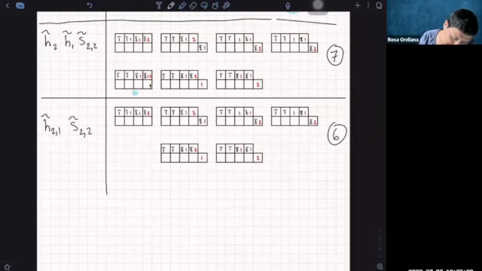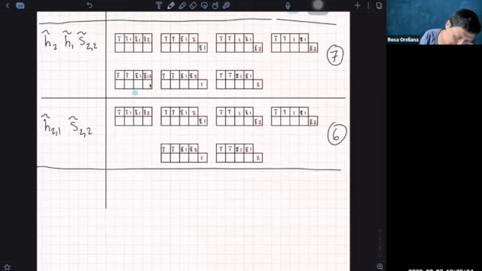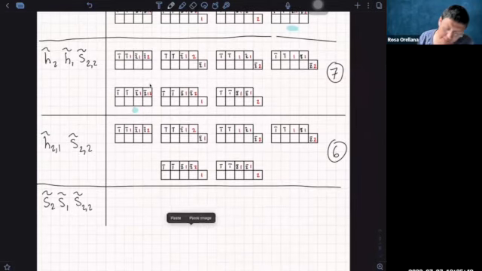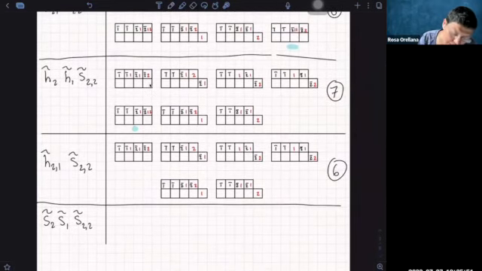And then finally, the last one is H tilde 2, H tilde 1, S tilde 2, 2. The order doesn't matter because it's commutative. In this case, we wanted set entries, so I go back to the one where there were set entries. Let me mark the ones that I cannot allow.